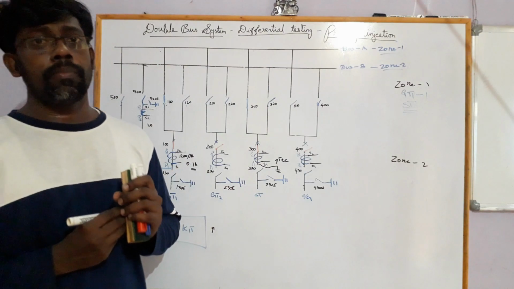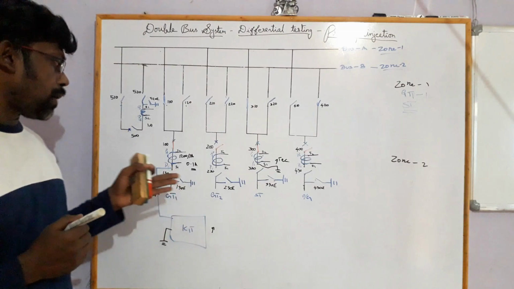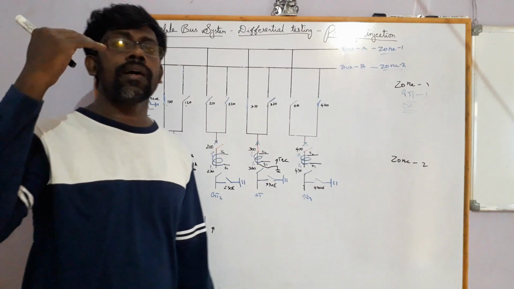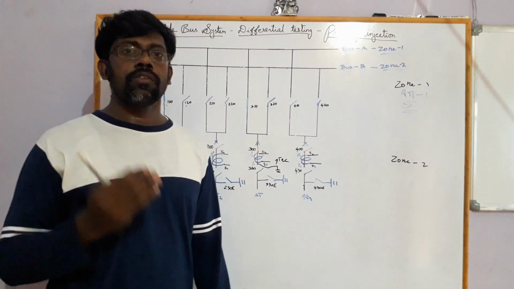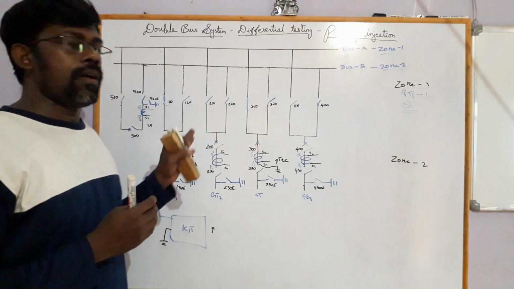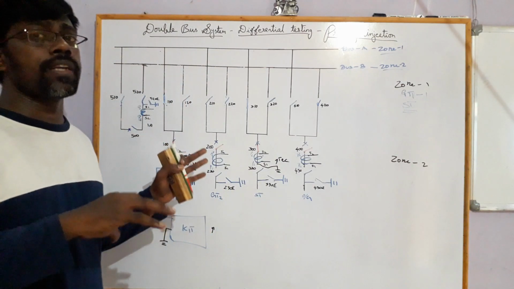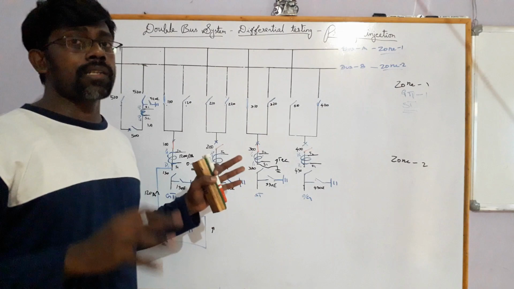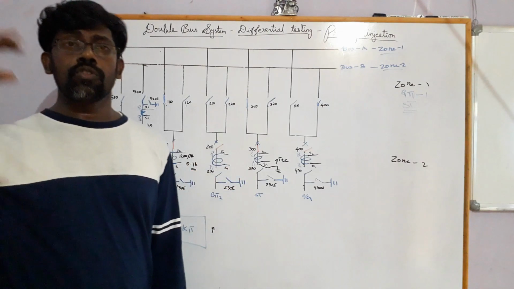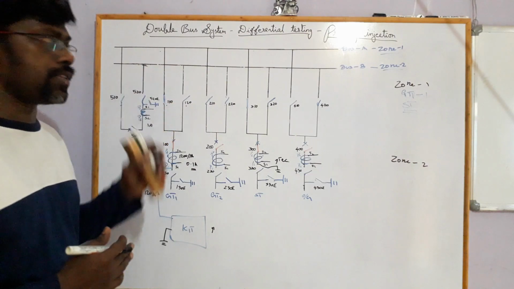So in order to check primary injection, we have to reduce the value in the relay according to our kit capability. First we have to check the kit's maximum capability. After that, you have to set the relay settings. Then we can perform the testing.